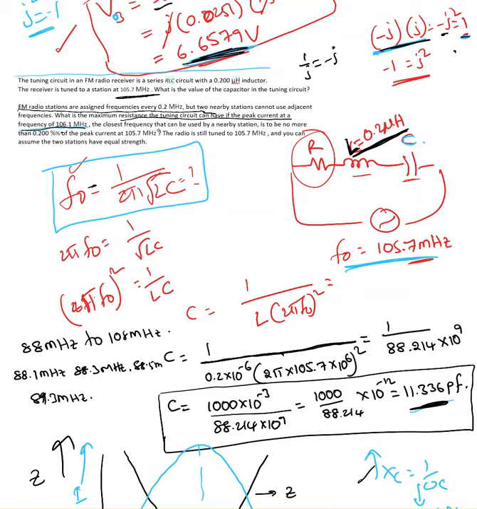The closest frequency that can be used by a nearby station is to be no more than 0.2% of the peak current at 105.7 megahertz. So he's picking up another station, which is 106.1 megahertz. That station can have a peak current of only 0.2% of the peak current at resonant frequency.